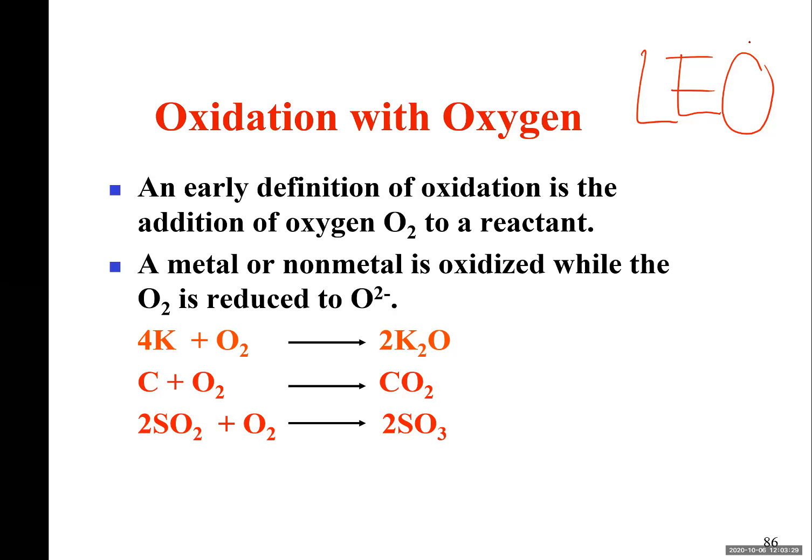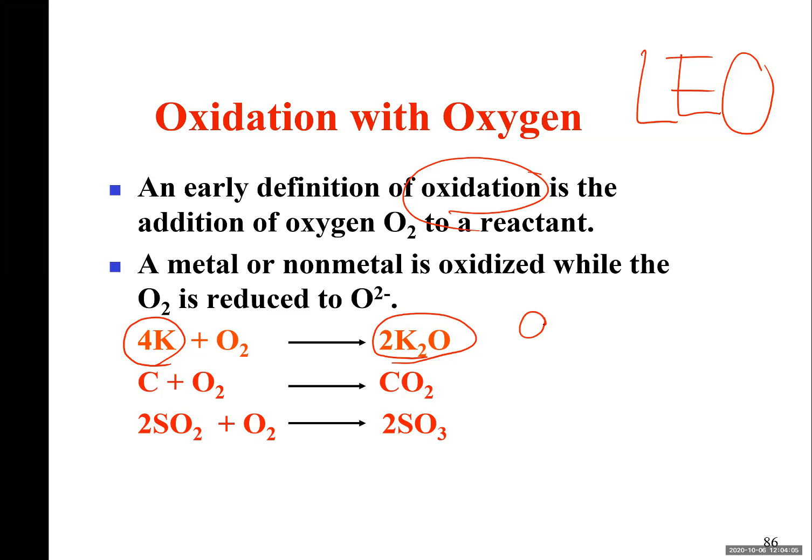Guys, there are some other ways that you can look at a chemical reaction and see if something is oxidized or not. A very simple method. It's not a different method, it's a simpler method. If you see an element or a compound on the left adding oxygen, gaining oxygen, the reaction is called oxidation.